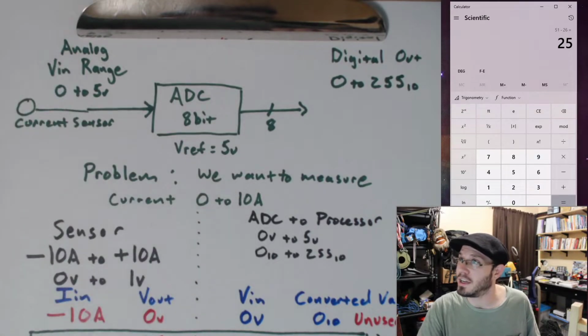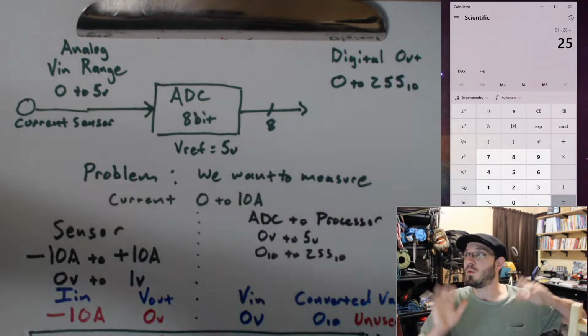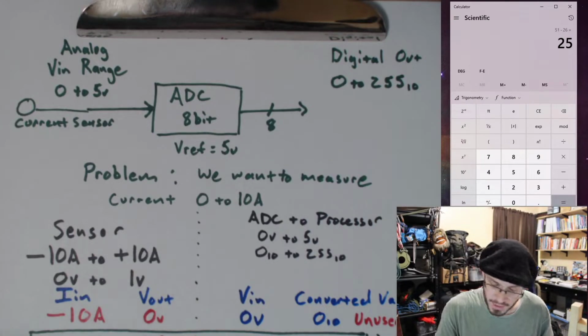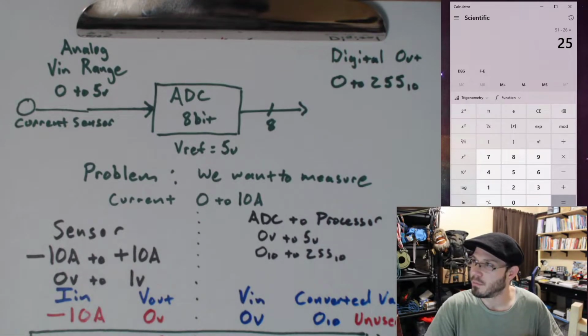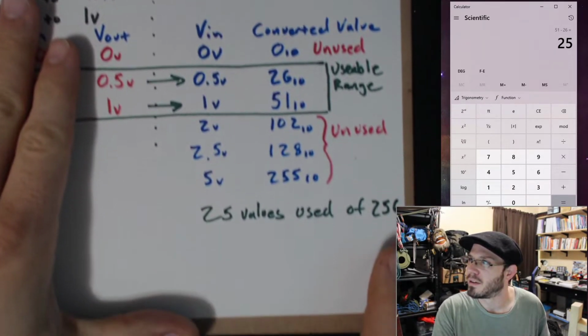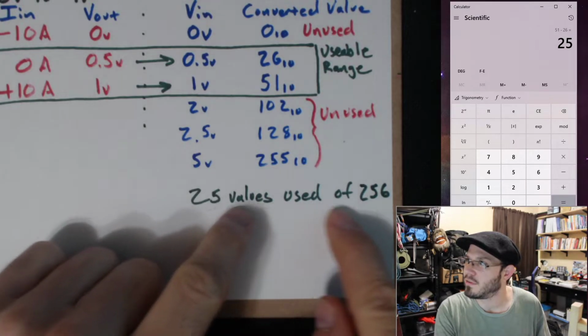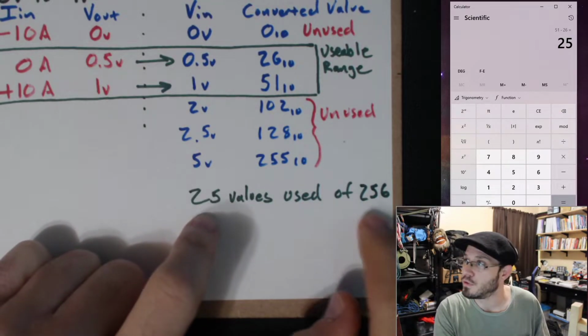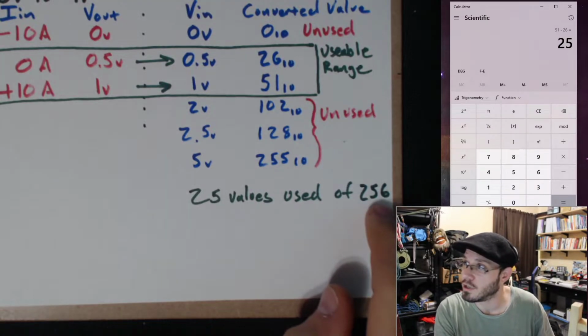And because we're lazy, we just connected the current sensor directly to it, and we're like, hey, we'll just work with this in software. We'll compensate for it, and we'll take that number and multiply it by some factor, and no. Because we've effectively chopped off most of the usable range of our analog digital converter.